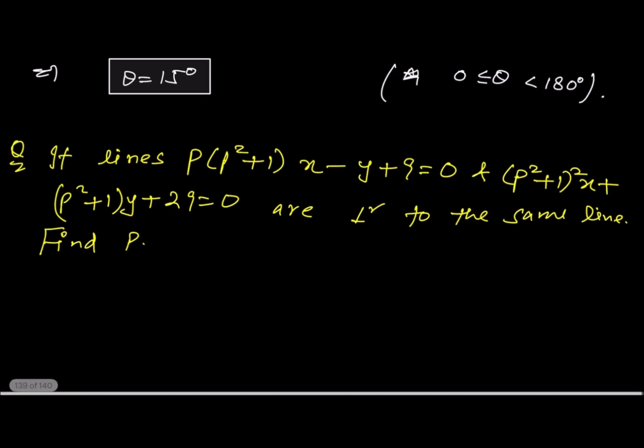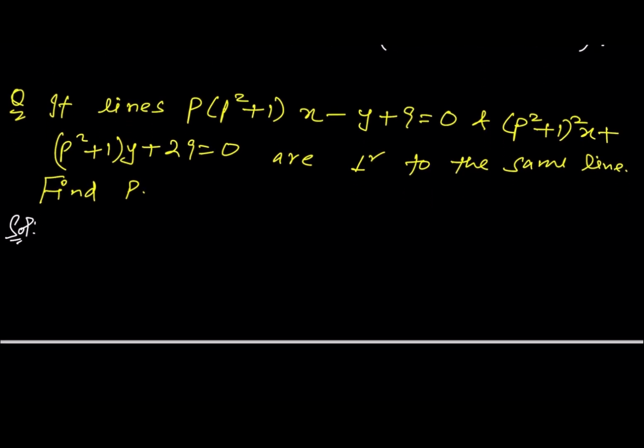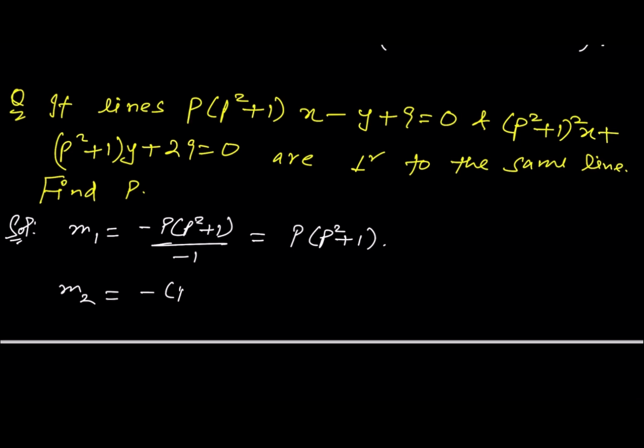Okay, so here m1 is equal to minus times coefficient of x upon coefficient of y, which is p times p square plus 1. Okay, and m2 is minus times p square plus 1 whole square upon p square plus 1, which is minus of p square plus 1.